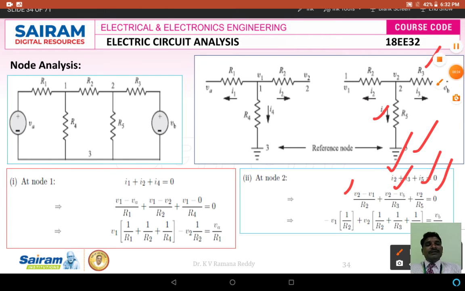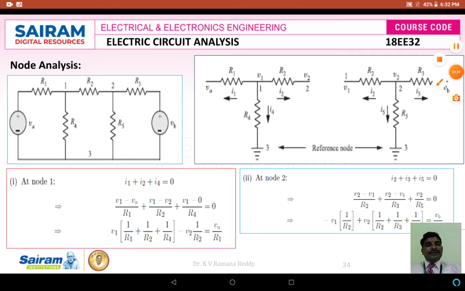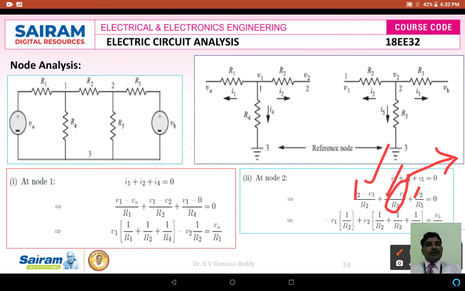By simplifying this equation, separating V1 and V2, the equation follows like this. If you take V1 as common, it is -V1/R2, and if you take V2 as common, it is 1/R2 + 1/R3 + 1/R5, which is equal to -VB/R3. Sending that to the right hand side, the equation becomes -V1(1/R2) + V2(1/R2 + 1/R3 + 1/R5) = VB/R3.